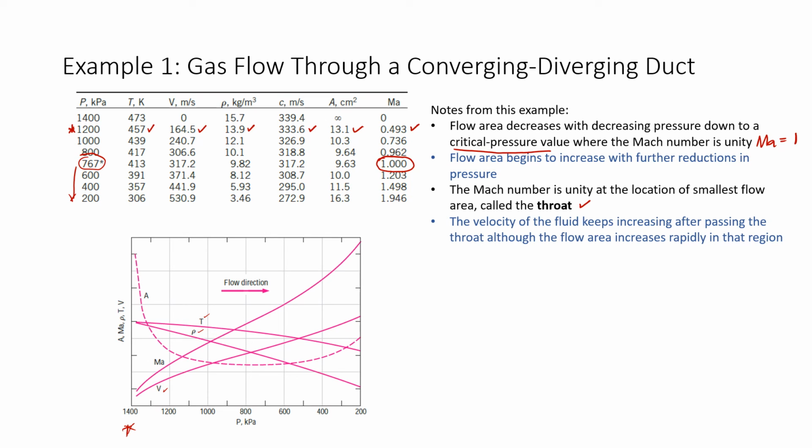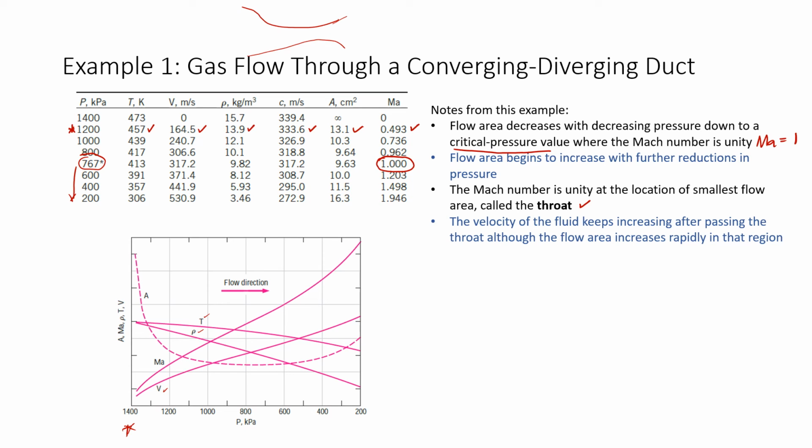At the throat it is 317, and after the throat, even though the duct becomes bigger, the velocity still increases. So the second part of the duct, even though it increases in area, does not behave like a typical diverging duct.